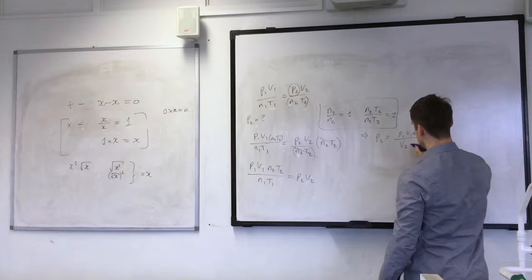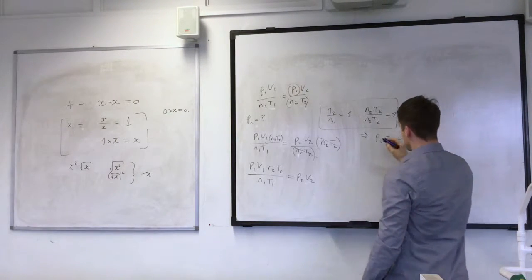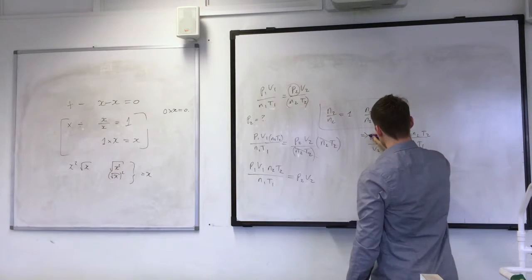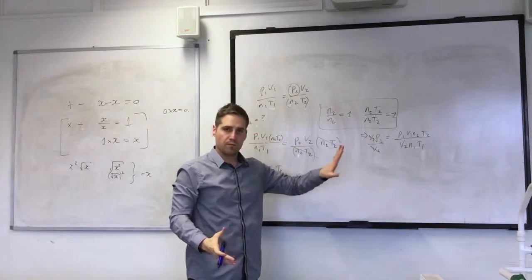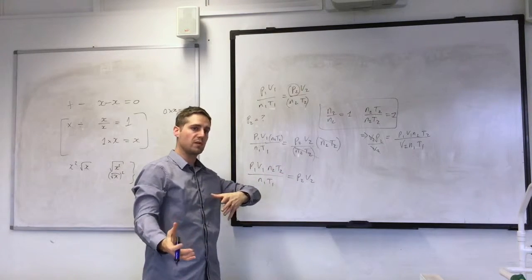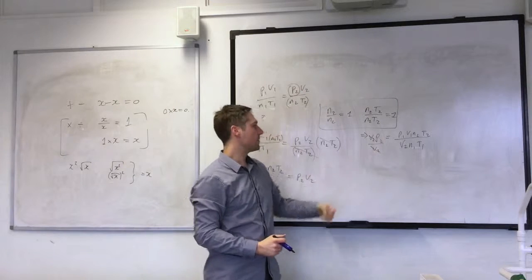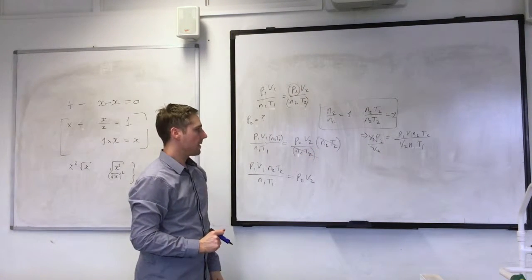So V2 here, N1 T1. I didn't actually write anything out here, I do apologise for that, so that should be like that, and they cancel out. Okay. I've also written the P2 on the left-hand side of the equation because we usually write what we're trying to find on the left. So I just flipped it around whilst doing that.